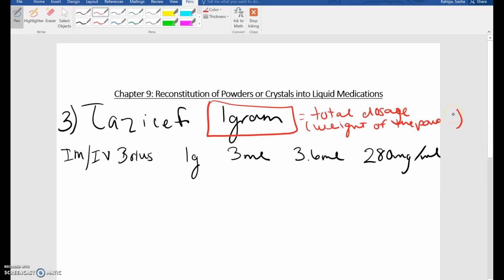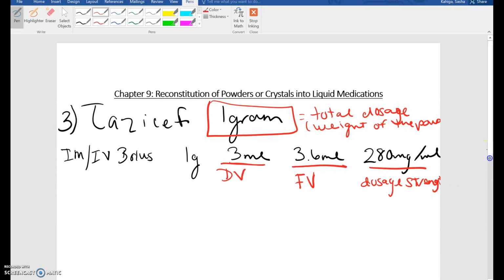Now, the intramuscular IV bolus is telling you that if you're using the 1 gram, you are to add 3 milliliters. Well, that's your diluent volume. The approximate volume, once you add that 3 milliliters, is the final volume, and that 280 milligrams per milliliter is considered your what? Your dosage strength.